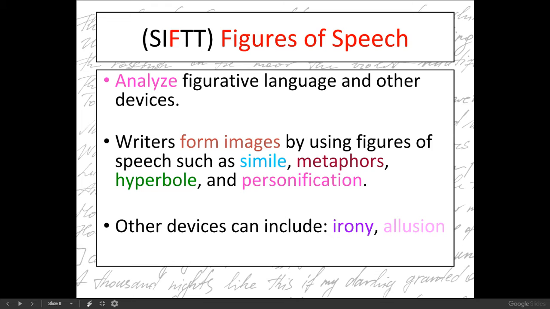The F stands for figures of speech or figurative language. We have discussed the different types of figurative language when we read the Veld. Writers form images by using speech such as similes, metaphors, hyperboles, personification, or other devices like irony, allusion.